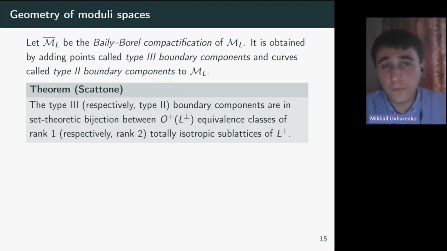And it is well known that these boundary components can be described purely in lattice theoretic terms.